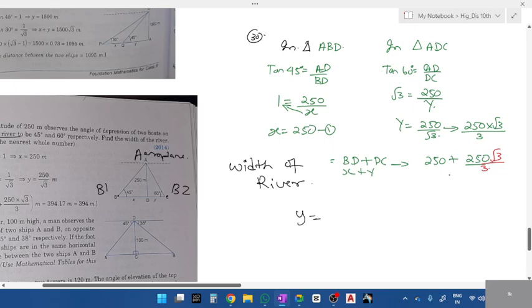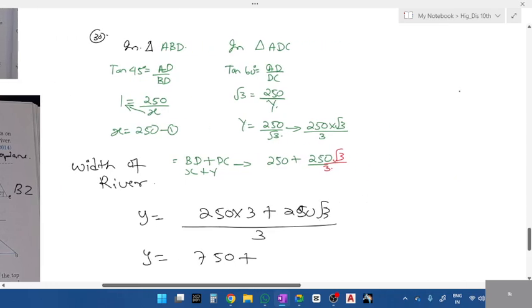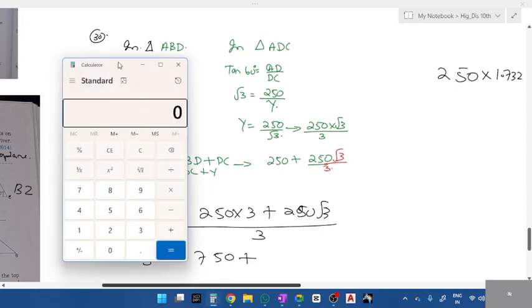Y is equal to, when you take LCM, what do you get? 250 into 3 plus 750. See, this is a lengthy calculation. 250 into 1.732. Okay, this calculation you'll do it, students. I'll just skip this. Let me give the answer. Don't use a calculator.